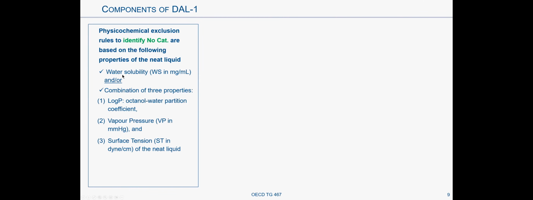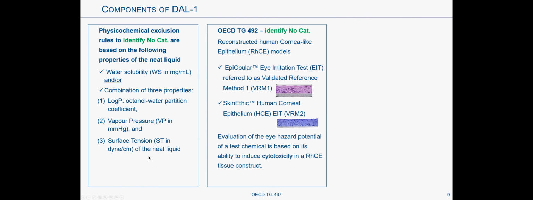So it can be based on water solubility or on a combination of 3 properties, which are octanol-water partition coefficient, vapor pressure, and surface tension, but surface tension of the neat liquid. The second component is the reconstructed human cornea-like epithelial models, or the RhCE models from OECD TG 492. And they are used to identify no-cat.